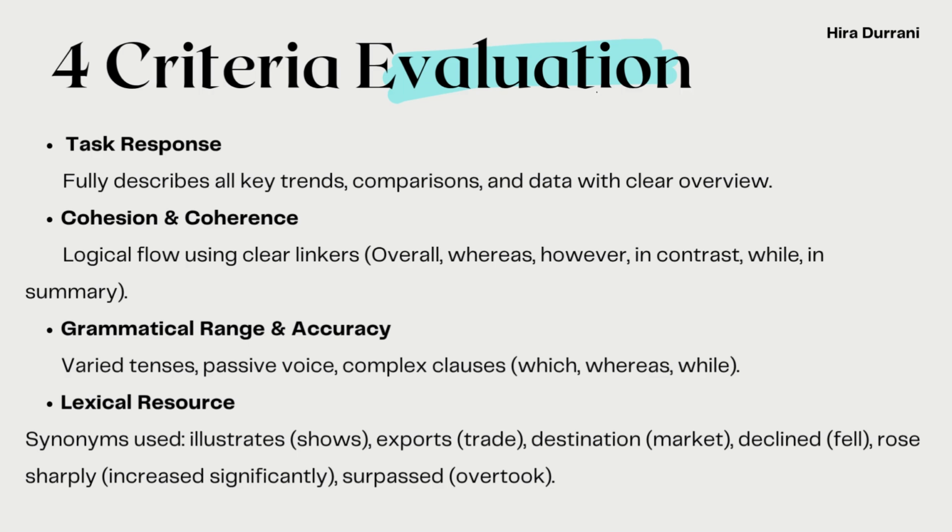This is the connector, so we have the complex clauses. Then cohesion and coherence: the logical ideas and the linkers used: overall, whereas, however, in contrast, while, in summary. Task response: whatever is asked of you in the question, address that in the answer simply.